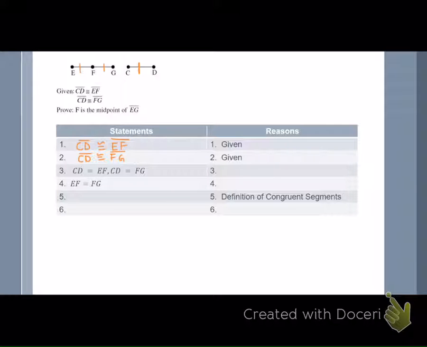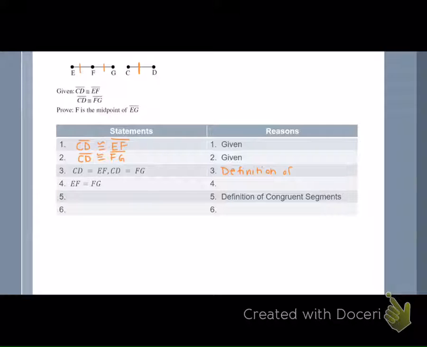The last step we used it. If you switch from equals to congruence or congruence to equals, that's the definition of congruent segments. Greg, was that what you were going to say?